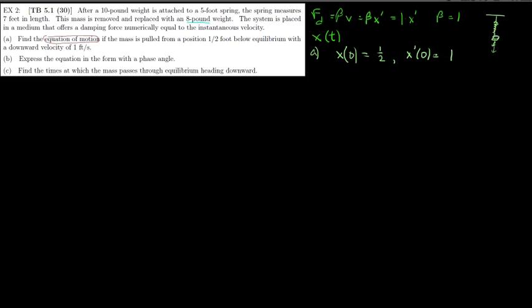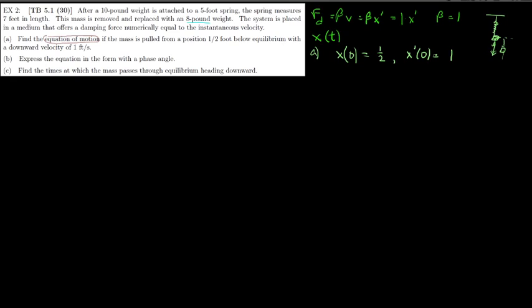I know this is an awful picture here, but here's the mass, and this is illustrating we're pulling it downward. It starts 1/2 foot below equilibrium position, and then we pull it further to give it an initial velocity of 1 foot per second. Okay, so that's the setup here.